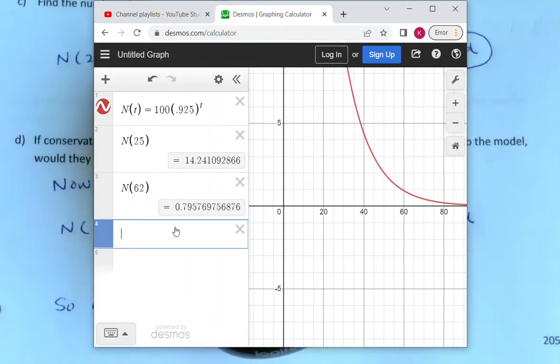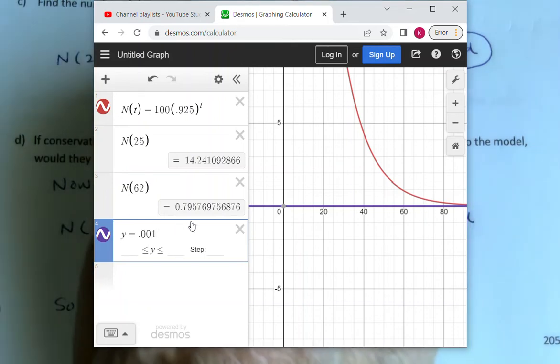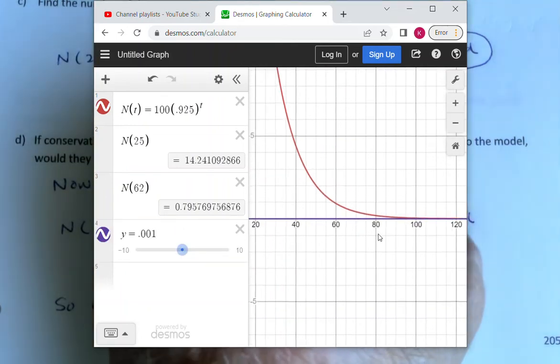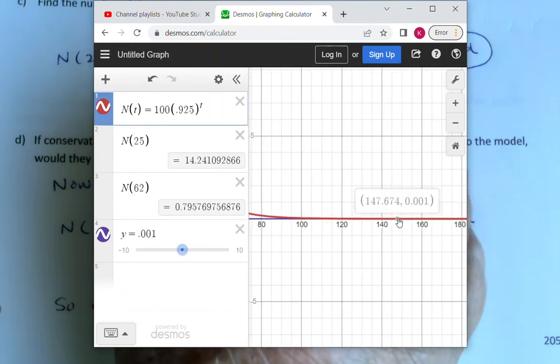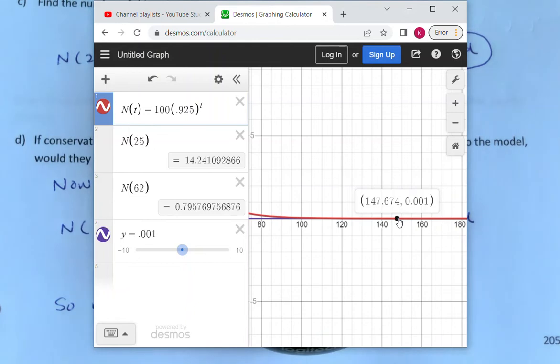So if I add the line y equals 0.001 thousand, that's one rhino. And let's see, is there an intersection point over here? Ah, it's way over here. It predicts we'd be down to one rhino in 148 years, or the 147th year.